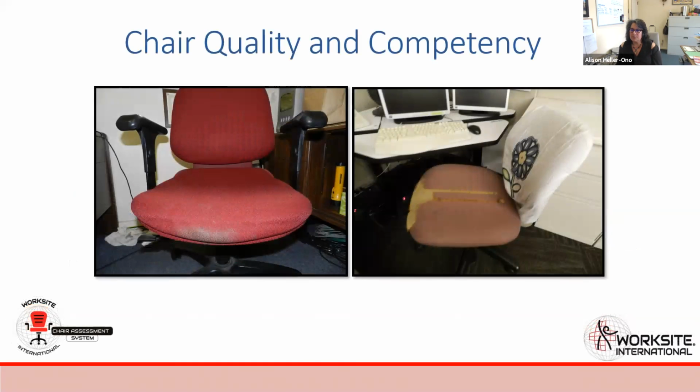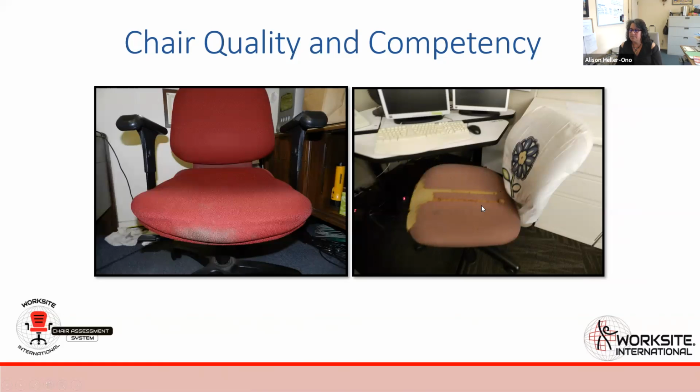So some of these pictures we've seen earlier, but this chair is probably over 20 years old. You can see by the contour of the seat pan and the fabric that it's totally worn out here. The mechanics then are probably really difficult to adjust in the sense that a lot of dust and dirt accumulates in these mechanics, and so they start to malfunction or don't work properly.